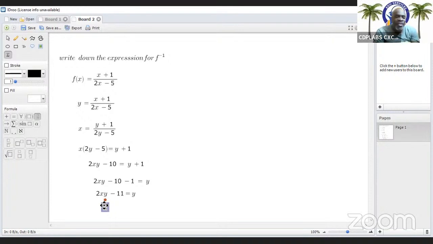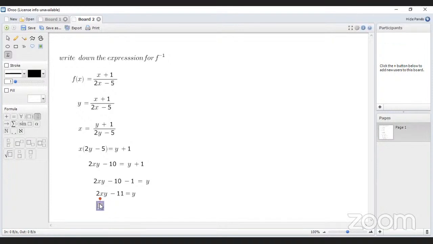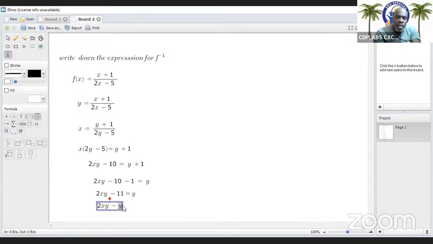Right, let's see if it's correct. You ready? Right, let's carry over the y. 2xy minus y minus 11 equals 0, right?